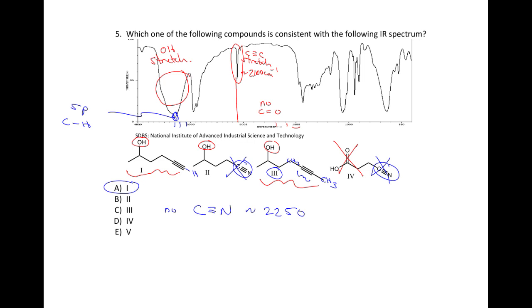What that does is make it what's called pseudo-symmetric, in that it doesn't absorb the infrared light and doesn't have a dipole, because it has a CH2 on one side and a CH3 on the other side. Therefore, since it doesn't absorb IR, we shouldn't see a signal at 2100 for the carbon-carbon triple bond. So that leaves us with one choice, which is compound number 1.